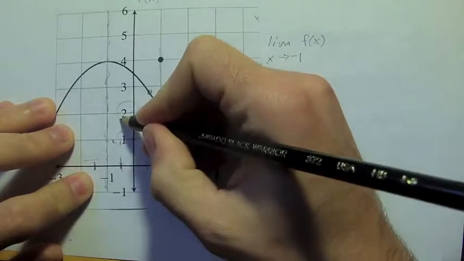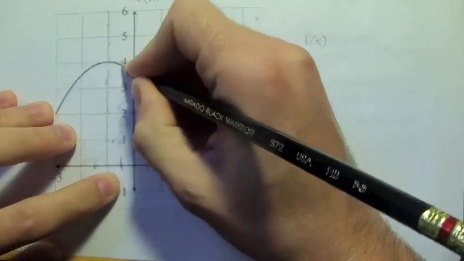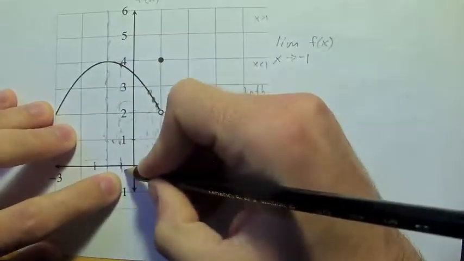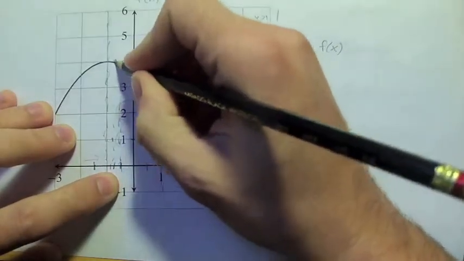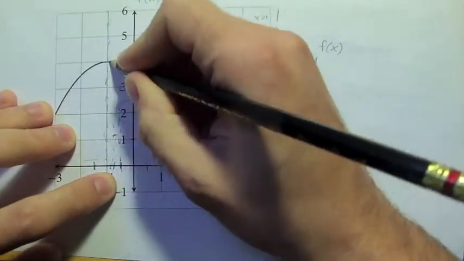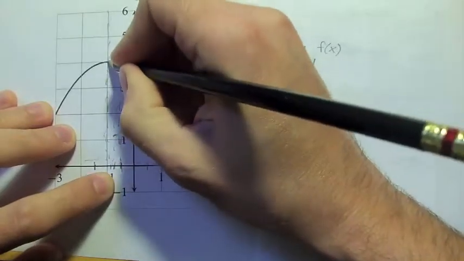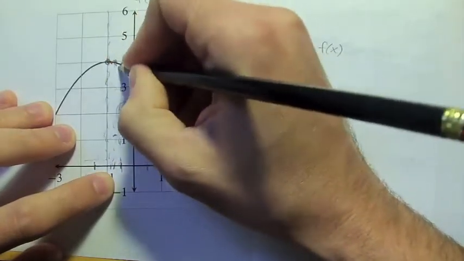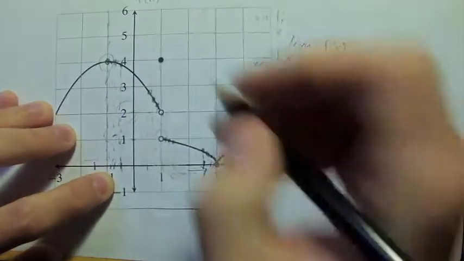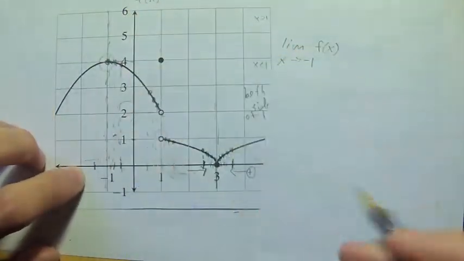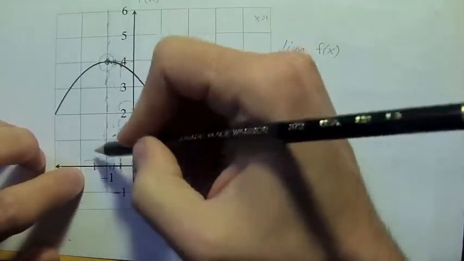So I map, say from the right, I start about halfway there and start mapping points up. And these points seem to be getting closer and closer to this point right here, okay, at 4. And now that's from the right. And we can see the same behaviors happening on the left.